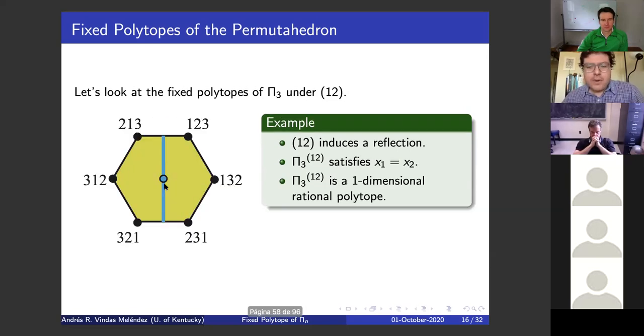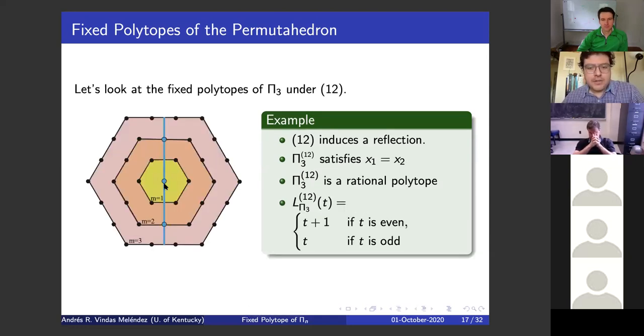But in Ehrhart theory, we care about the dilations of the polytope. So let's dilate the polytope, okay, by integral values. So boom, here it goes. If you didn't understand the definition of an Ehrhart quasi-polynomial a few slides back, hopefully this example gives you an idea of what it's doing, right?